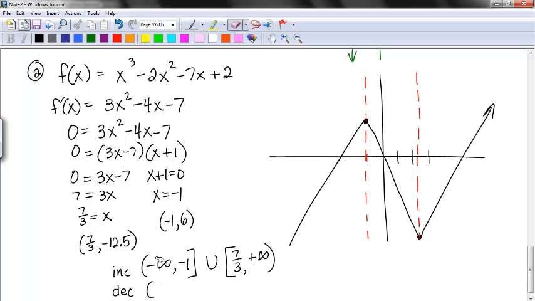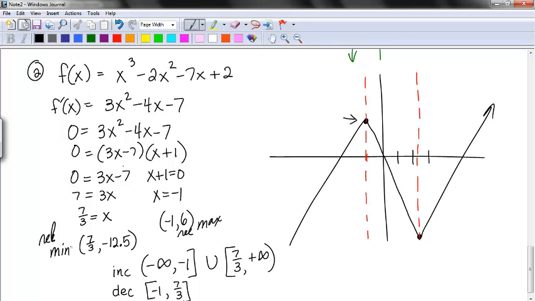Negative 1 to 7/3. That's where it has a negative slope. Now you also can tell this point is a relative max, and this one is a relative min.